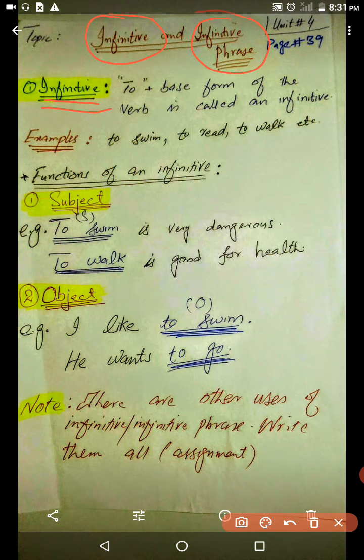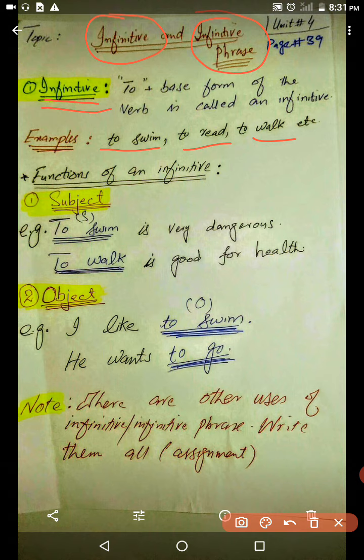So all these are infinitives. So that is the definition of an infinitive. When first form of the verb, base form of the verb is preceded by to, it is called an infinitive. Here I have given you some examples: to swim, to read, to walk, etc.